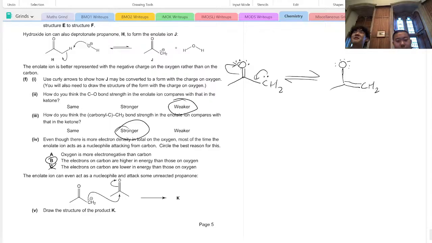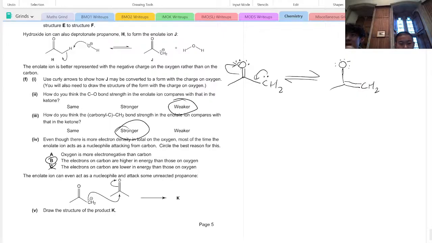If the electrons are near oxygen, they'll have lower energy. It sucks in the electrons, like a hole in the energy. Am I right in saying that nucleophiles are better if they're more electronegative? In this case, most of the time it attacks from carbon, doesn't it? So the carbon atom is the better nucleophile.